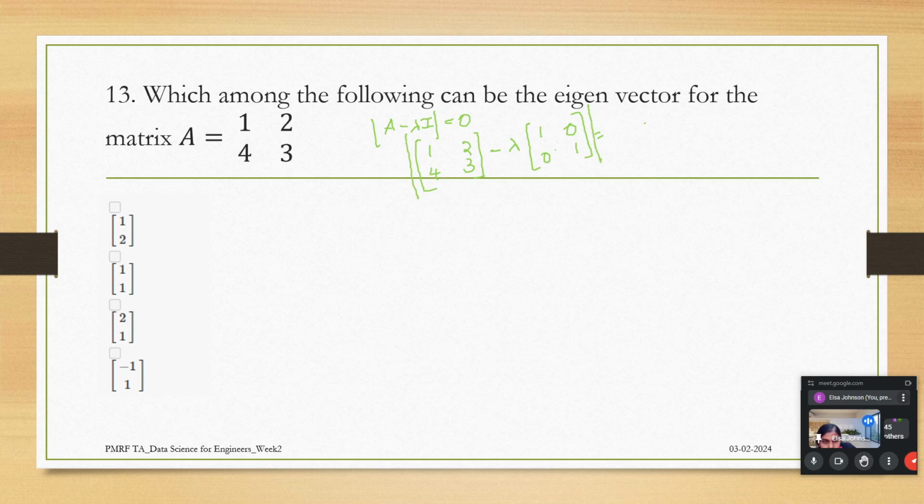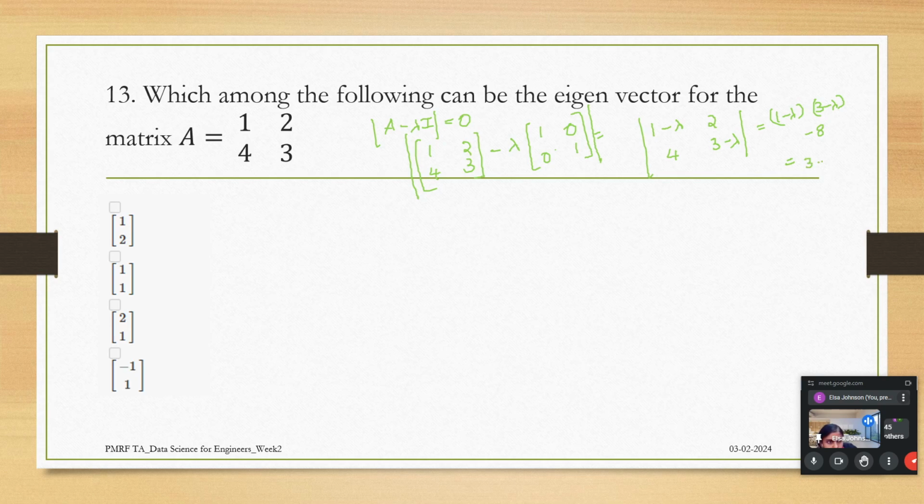So it will be 1 minus lambda, 2, 4, and 3 minus lambda. The determinant of this will be 1 minus lambda into 3 minus lambda minus 8, right?